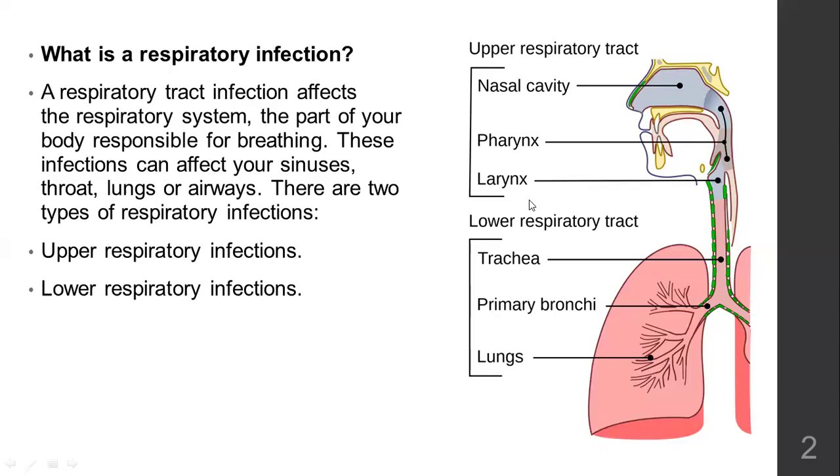Below the larynx, your trachea will start, then your bronchi. Trachea will split into bronchi. Bronchi will further split into bronchioles, the small branches of bronchi that end in alveoli, the airbags. So these are the two sections of your respiratory system: upper respiratory tract and lower respiratory tract.